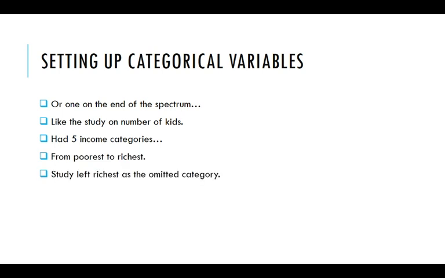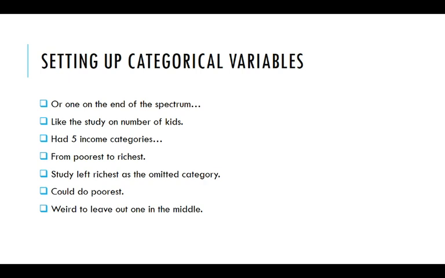And so the study chose to leave richest, the highest part of the spectrum, as the omitted category. But they could have also done poorest, the other end of the spectrum. That would be fine. But it would be kind of weird to leave out one category in the middle, right? That middle category would be a little weird as a place to omit.